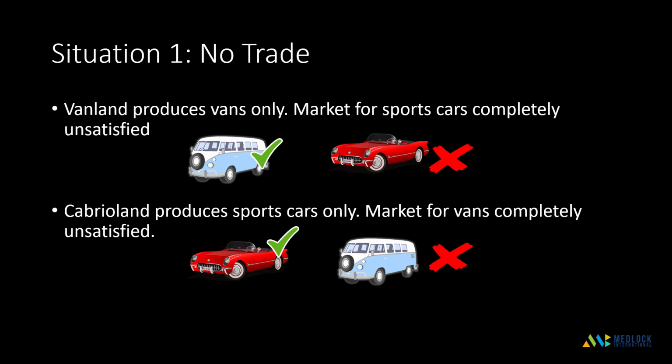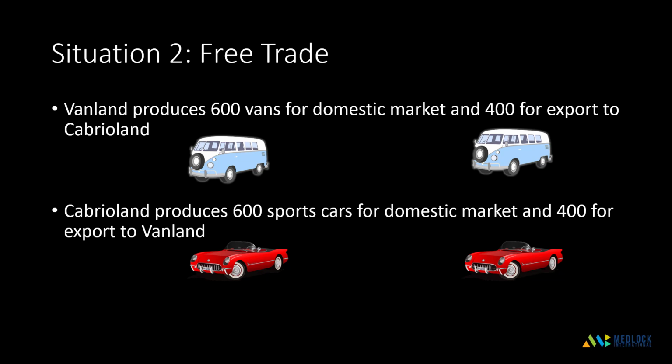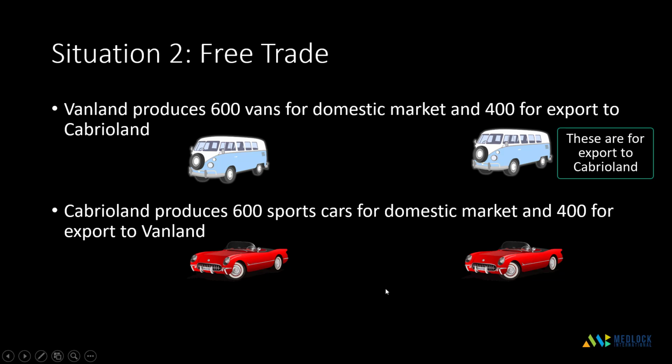Now let's imagine that the governments get together and sign a free trade deal. In this situation, what would potentially happen is that Vanland produces 600 vans for their domestic market and produces 400 vans which they can export to Cabrioland.